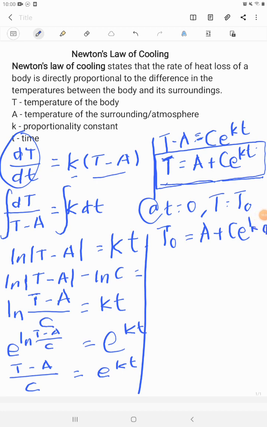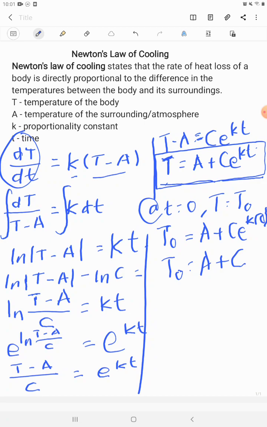K times 0 is equal to 0, right? E raised to the 0 is 1 because any number raised to 0 is 1. So this becomes A plus C times 1 equals T sub O.